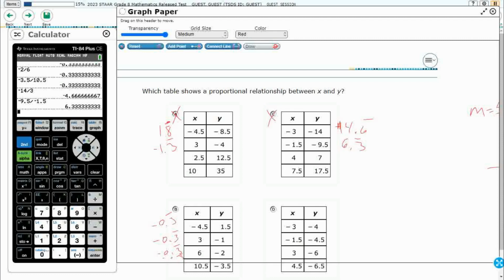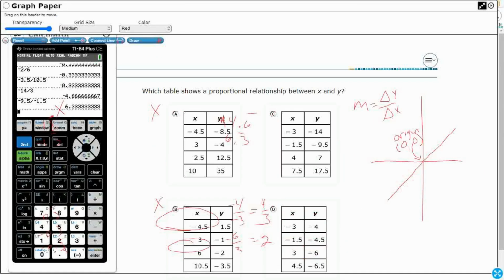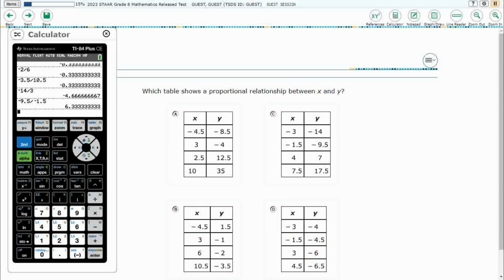That's not going to work. And you know what? Let's just visually save ourselves the trouble. This is going to be negative 4/3, so that's going to be 4/3. But look at this. This is negative 6/3, that's going to be a positive 2. This is going to be positive 4/3. I can already tell you they're different. So that's what we're looking for. We're looking for a proportional relationship that has a constant, steady rate. The only one that does that is going to be B, and that is our answer.